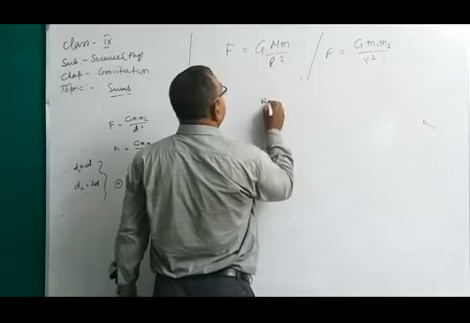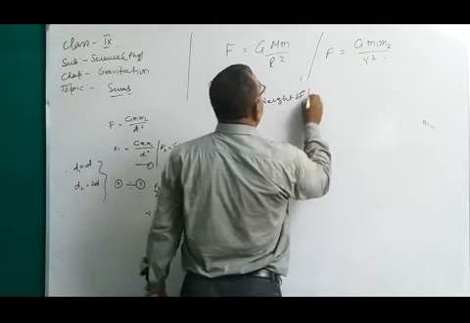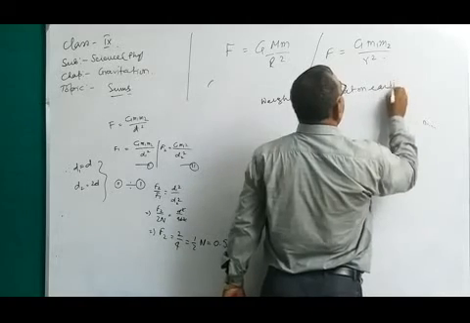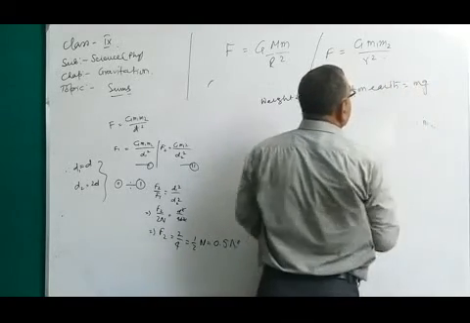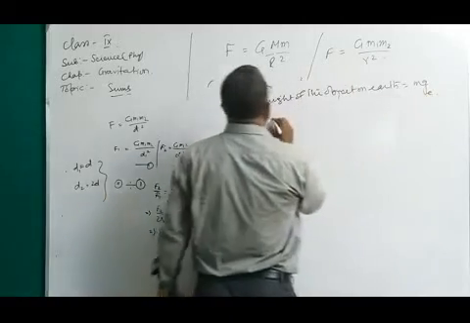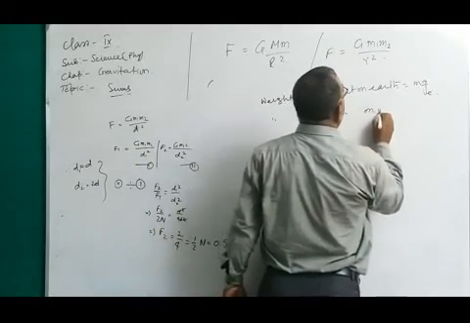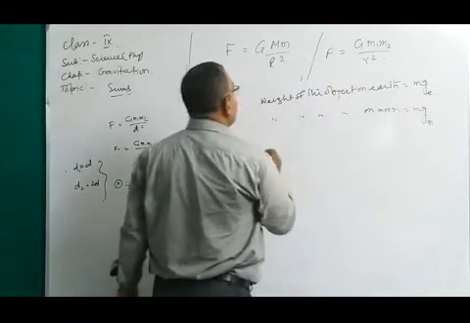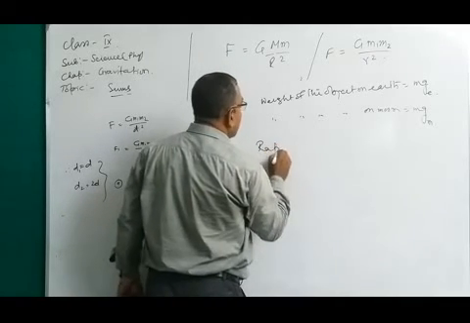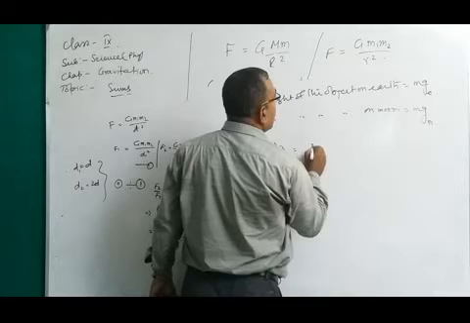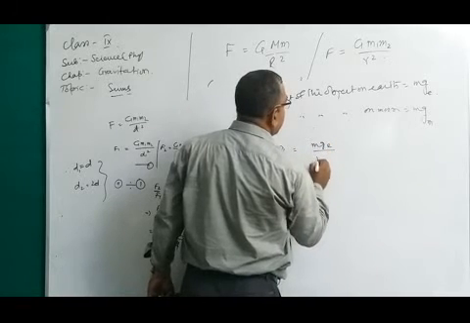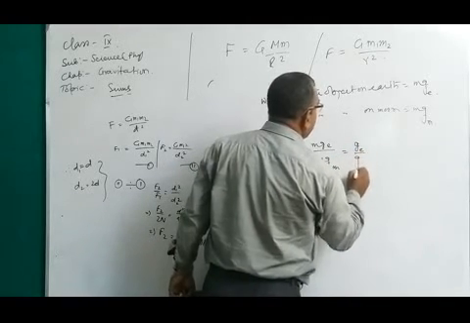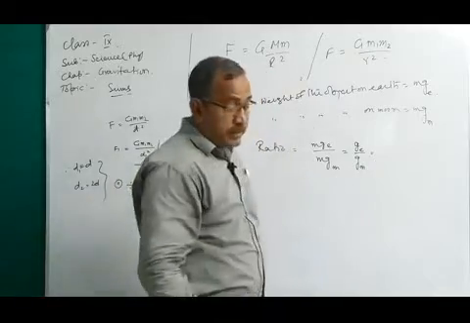Weight of this object on earth equal to m into g earth. Weight of this object on moon, m into g moon. Ratio equal to m g earth by m g moon. G earth by G moon. You know it.